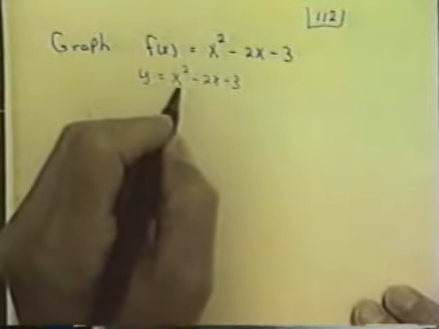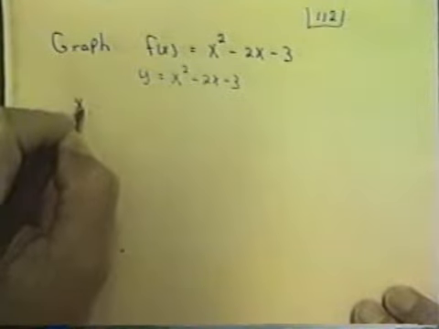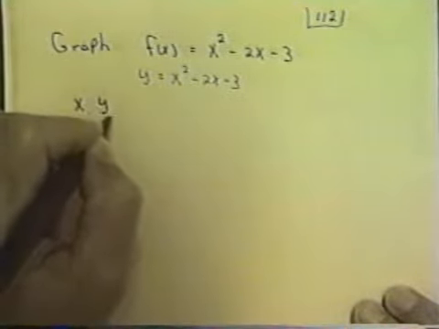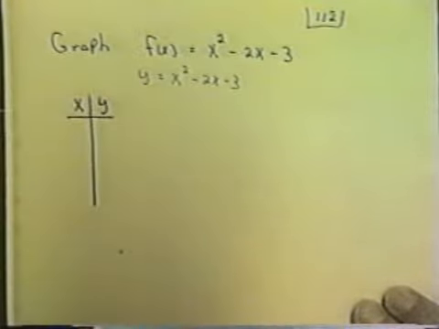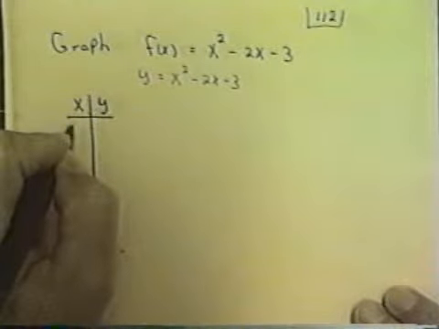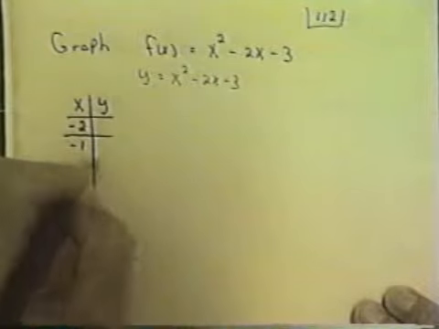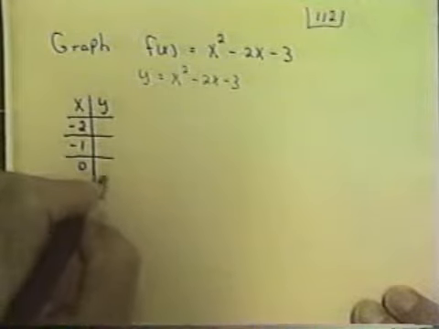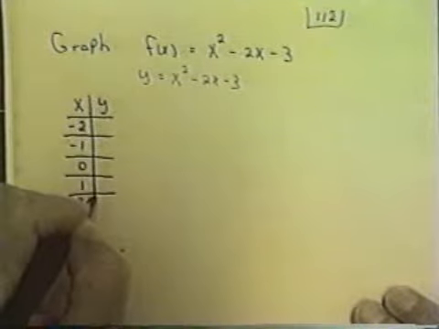Well, to graph y is equal to x squared minus 2x minus 3, I need to make a table of values. So I'm making a table of values, x and y. I need to choose values for x. Now I normally start with -2, -1, 0, 1, and 2.